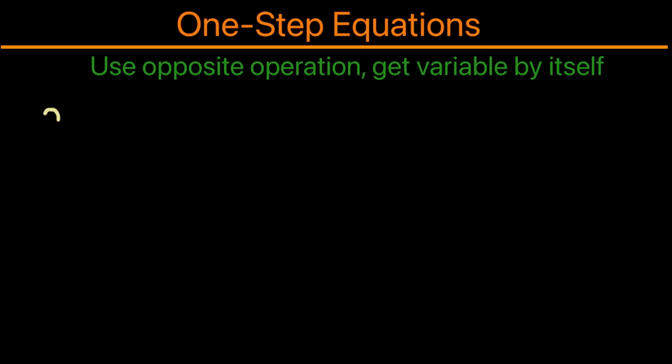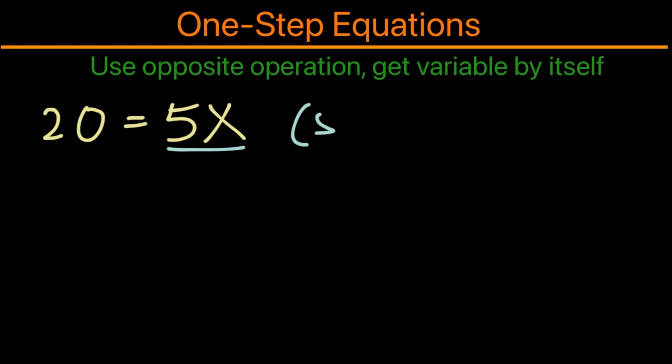Now here's another one. This equation, we can see that it's actually a multiplication because of 5x. This means 5 times x. So what we need to do is use division to get the variable by itself.